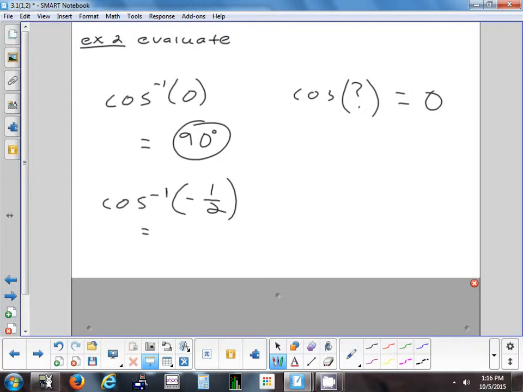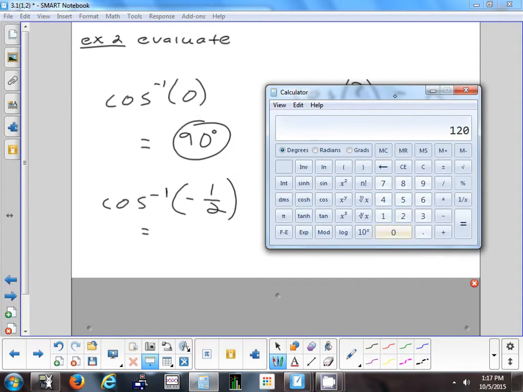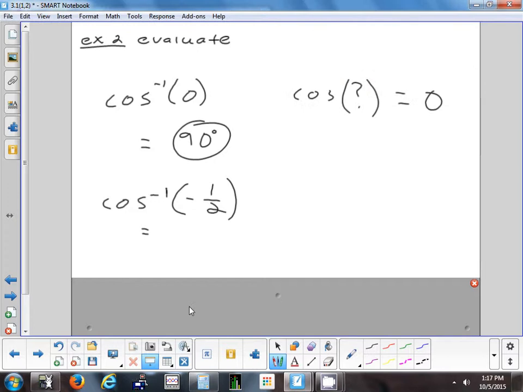Yeah, negative 120 then. Let's see, negative 120. All right, so I agree. I mean, if you take the cosine of negative 120, you will get that. Yeah. Take the cosine of negative 120, you do get negative a half.